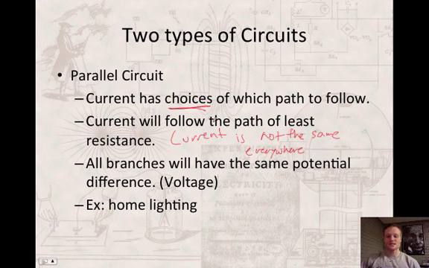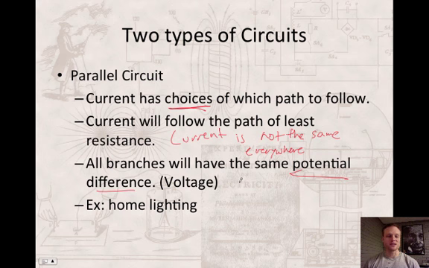But one thing that is interesting is all the branches of a parallel circuit will have the same potential difference, the same voltage, which when I start to show some pictures, will make a little bit more sense. An example of this would be your house. The wiring in your house is without a doubt a parallel circuit.